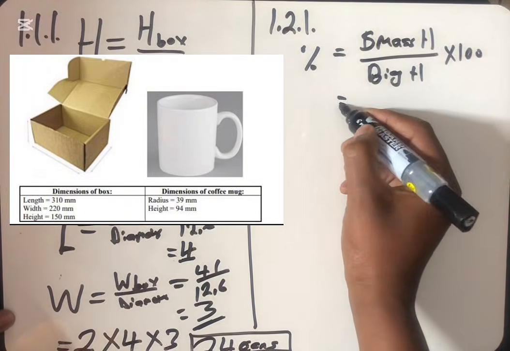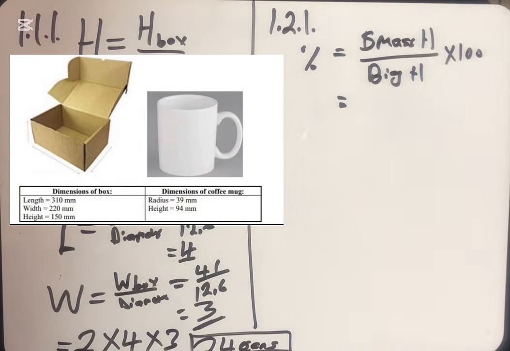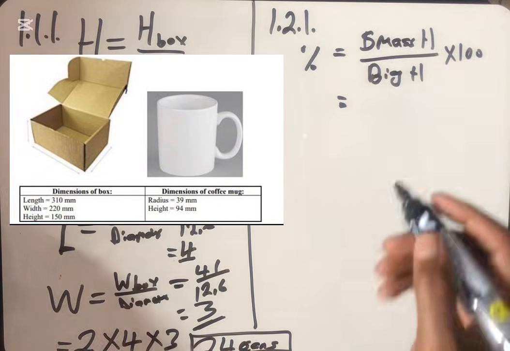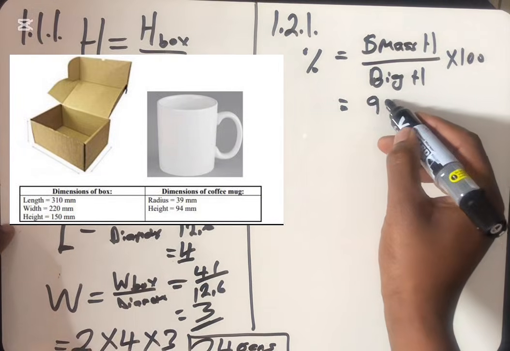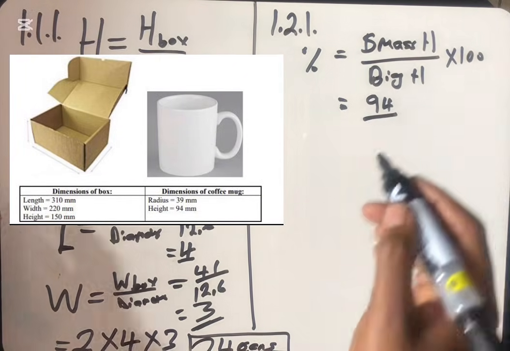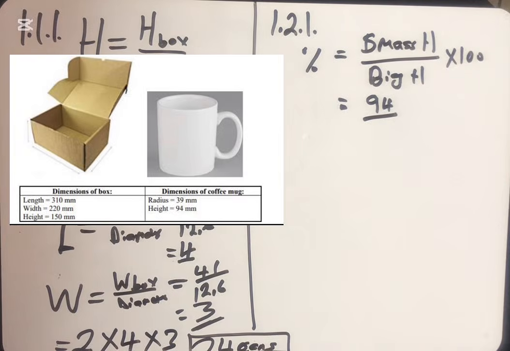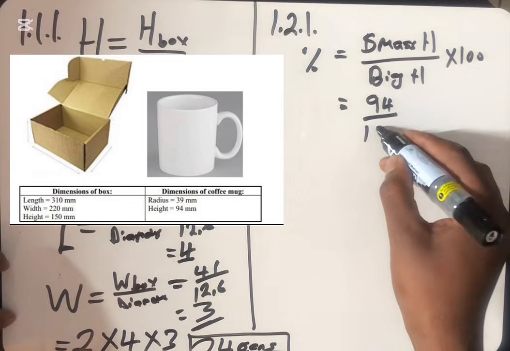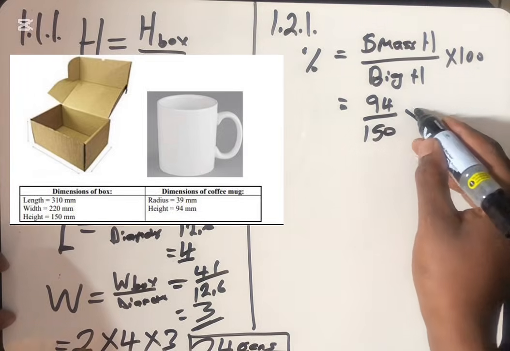When we compare the mug and the box, the small height is at the mug, which is 94. Then the big height is 150. We multiply this by 100.